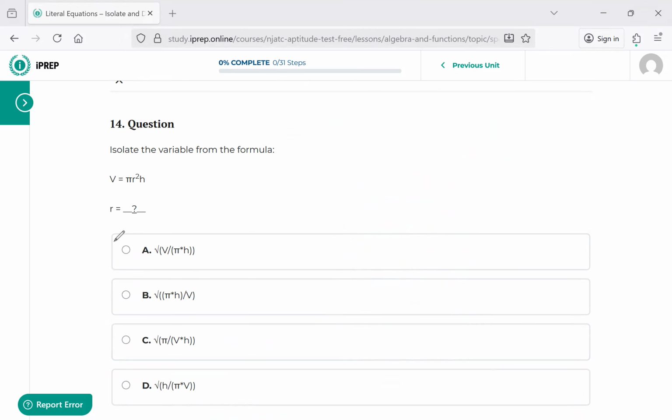Isolate the variable. So we've got to solve for small r. So we have V equals pi r squared times h. And we've got to solve for small r. So what I would have to do is get rid of this pi and this h in one step, which is easy. You just divide both sides by pi h, right? So the pi cancels, the h cancels.